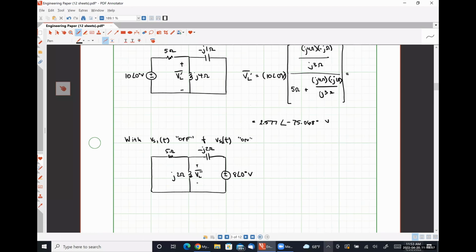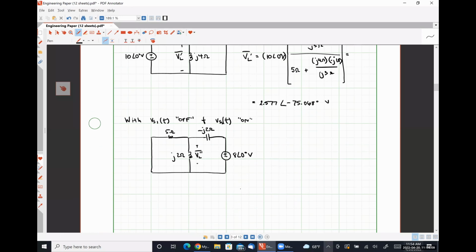All right, so how would we analyze this one? Also voltage division, effectively the exact same one, right? Let's see if I can do it this time without making a terrible mistake. So VL double prime would be 8 angle 0 degrees volts.